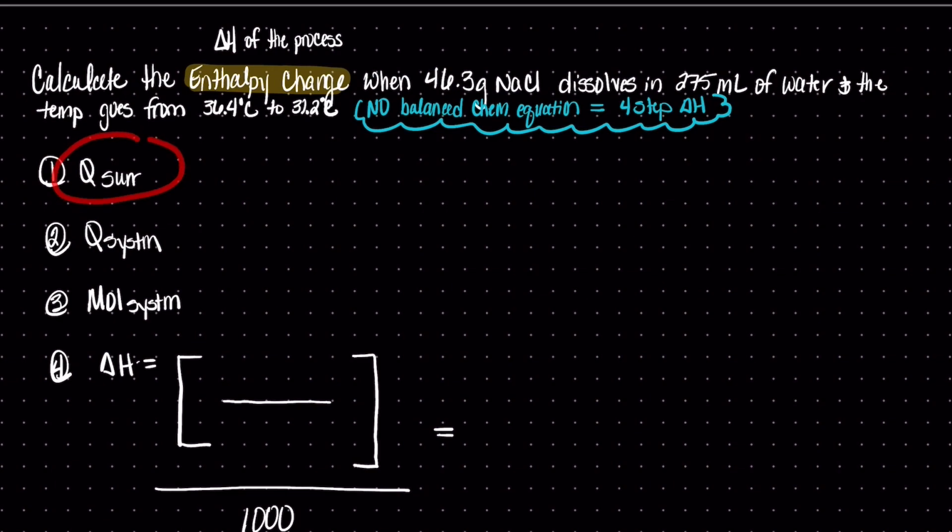Step 1 is the Q of the surroundings. Q of the surroundings is where the reaction's happening. It's dissolving in that much water, and the temperature goes from here to here. Let's get cooking. To calculate Q of anything, it's m C sub P delta T. I have 275 grams of water, and the specific heat of liquid water, according to my reference sheet, is 4.18.